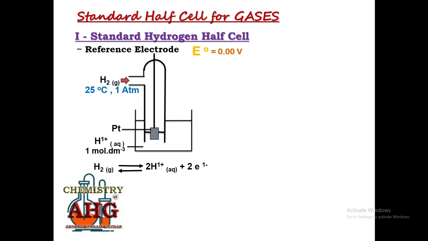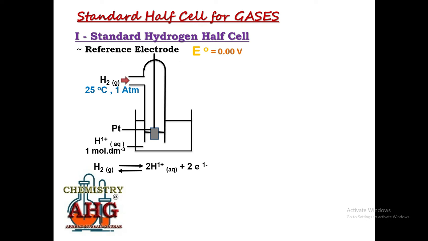But when you connect this standard hydrogen half cell with some reactive metal, since metals lose electrons easily, the metal half cell will become the anode in that case, and the standard hydrogen half cell will become the cathode. Yes, when you connect this half cell with the standard half cell of any reactive metal, the metal will become the anode and this will become the cathode.